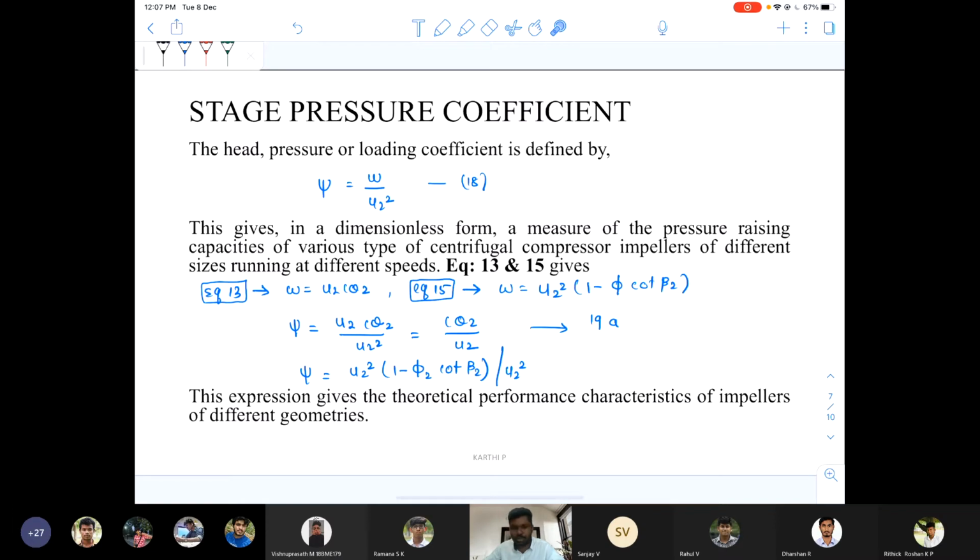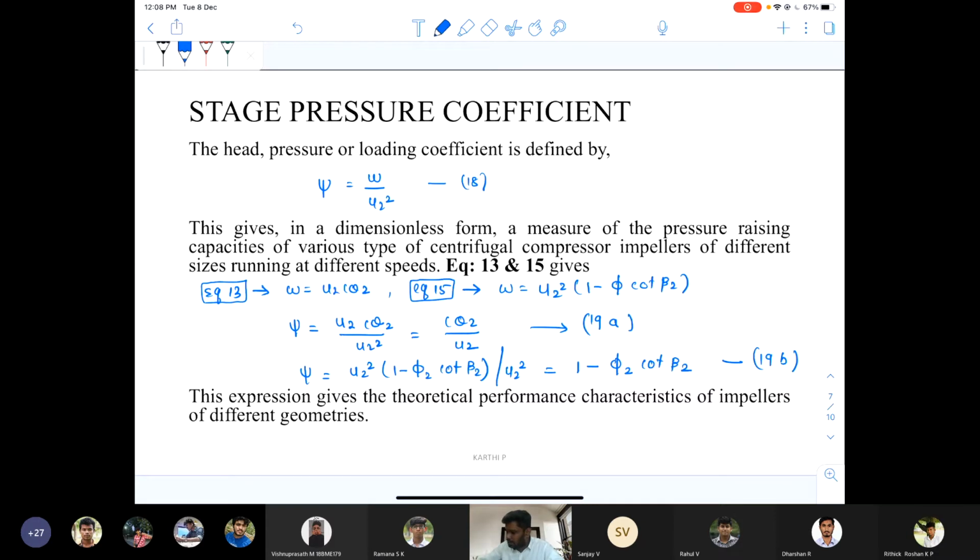Now consider this equation as equation 19b.